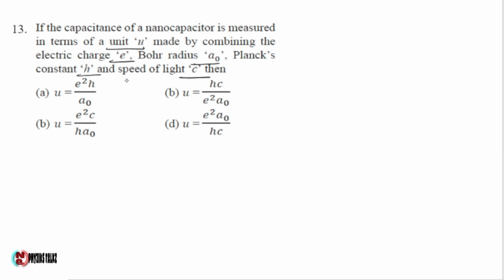Now let us take the relation as U equals e to the power P, a0 to the power Q, h to the power R and c to the power S. Now we have to find the values of P, Q, R and S, and thus get the relation between these constants.